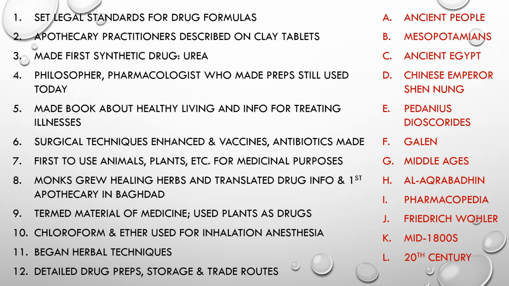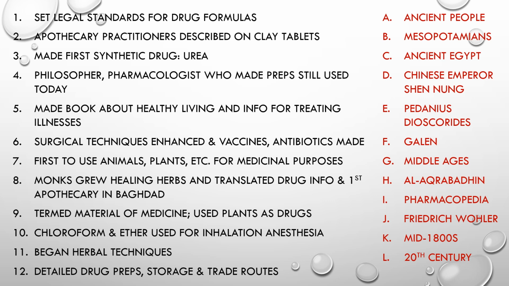The first to use animals, plants, etc. for any type of medicinal purposes, those were the ancient people. Monks were growing their healing herbs, also translating drug information, and the first apothecary set up in Baghdad. That was in the Middle Ages. Termed material of medicine and also used plants as drugs was Pedanius Dioscorides.